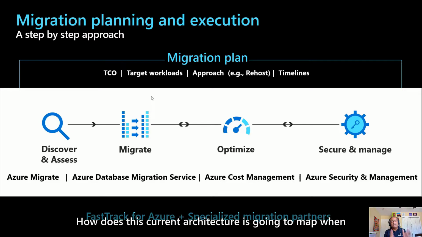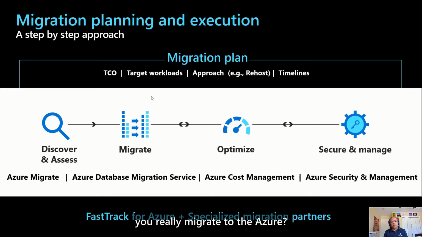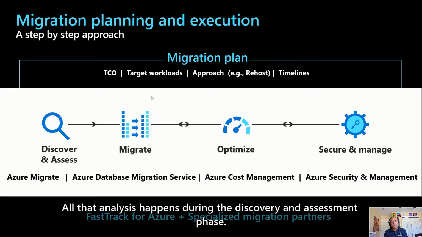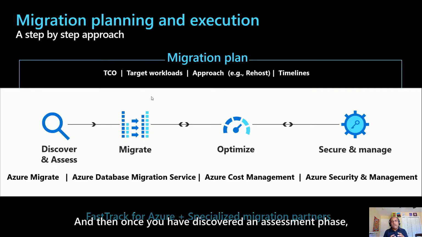How does the current architecture map when you migrate to Azure? All that analysis happens during the discovery and assessment phase, and it gives you a plan to prioritize your migrations, and then you can migrate those assets in various migration phases.